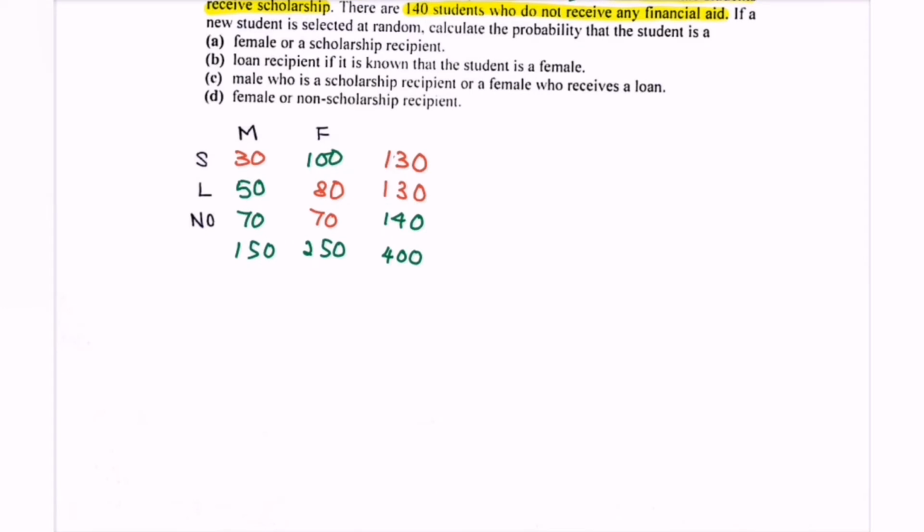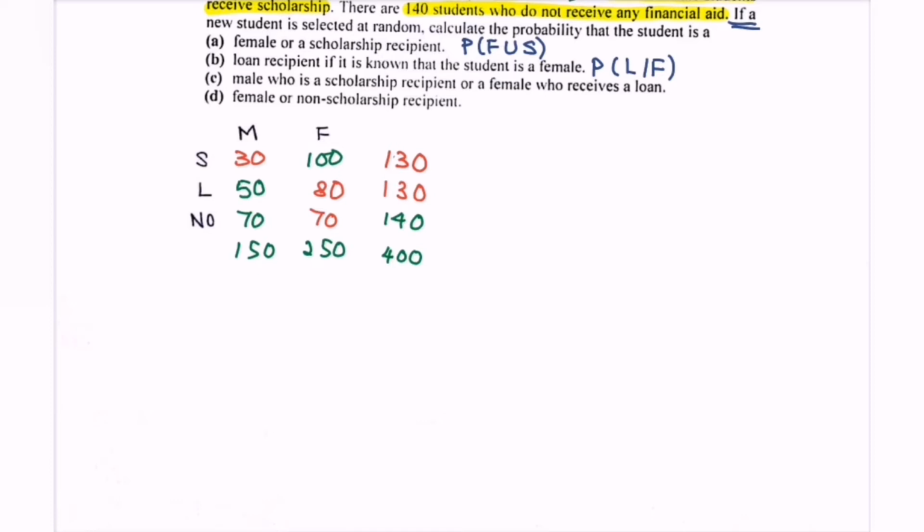So kindly refer to the question. If a new student is selected at random, calculate the probability that the student is a female or a scholarship. Continue. B. Loan recipient, if it is known that the student is a female. So from here, we have loan given that the student is a female.